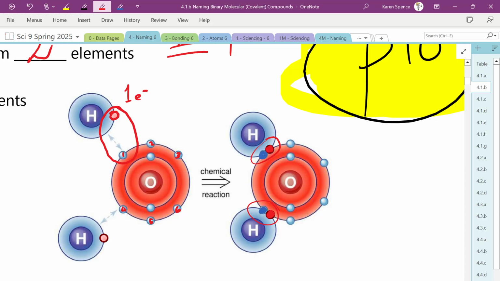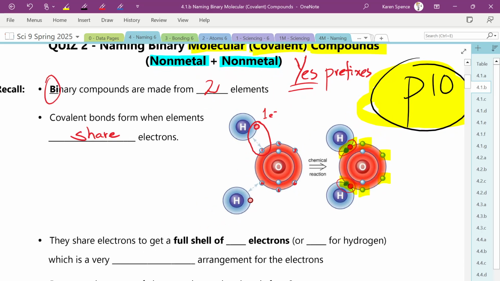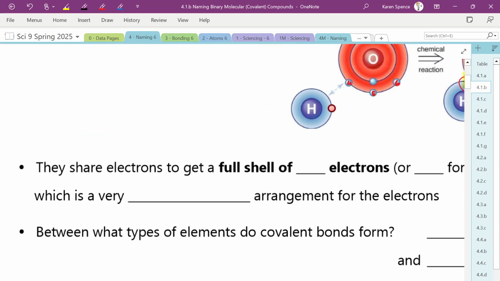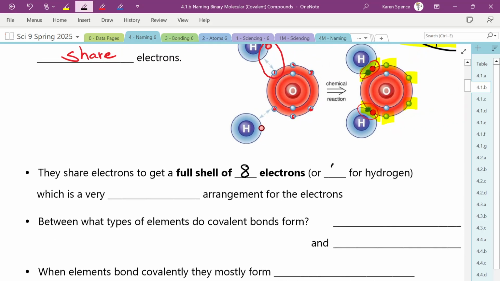And if we count up oxygen's electrons, we have 2, 3, 4, 5, 6, 7, 8. So that is how a covalent compound forms. They share electrons to get a full shell of 8 electrons, or 2 for hydrogen.